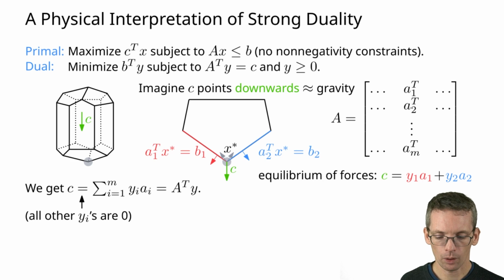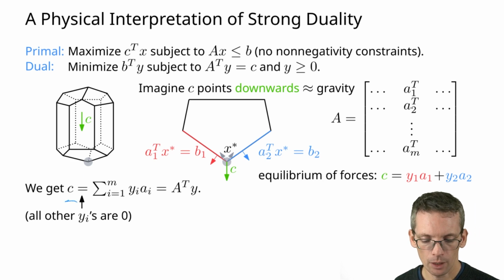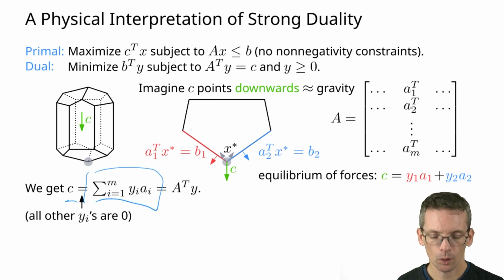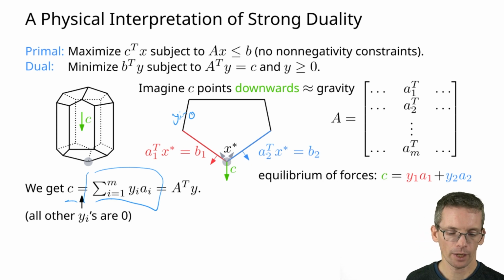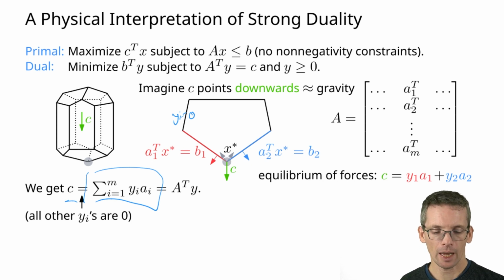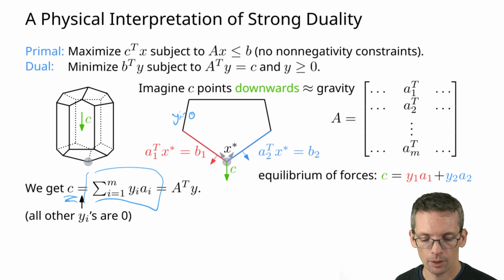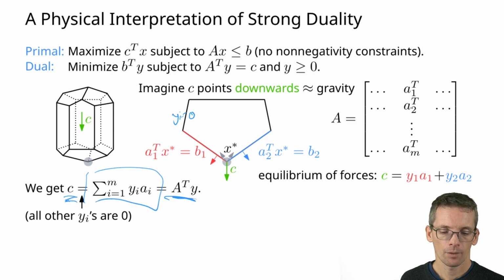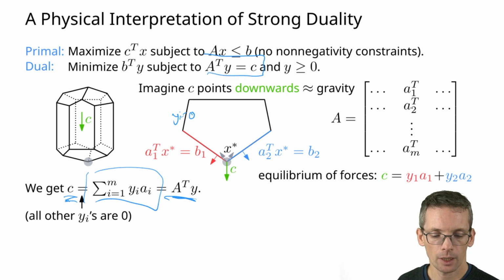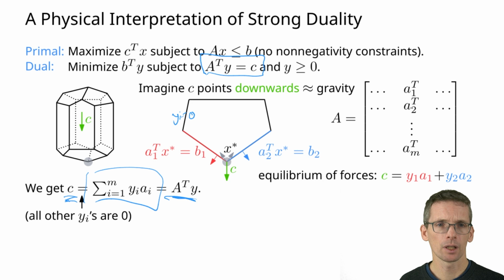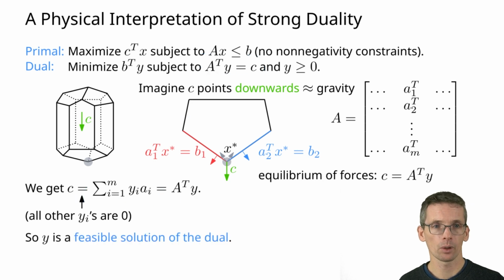So overall, we can say that C equals the sum of the yi ai, where for everyone else yi equals 0, which corresponds to the fact that there are no forces from that side on the ball currently. But if this statement holds, then this is exactly what we need for y to be a feasible solution of the dual linear program.